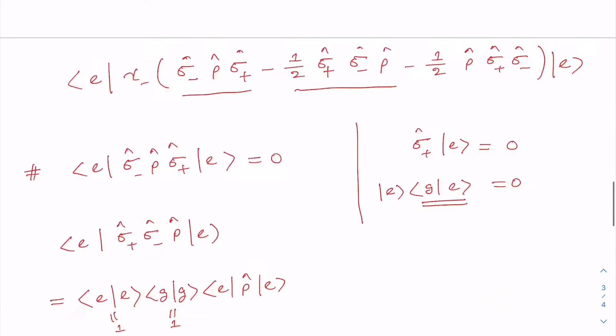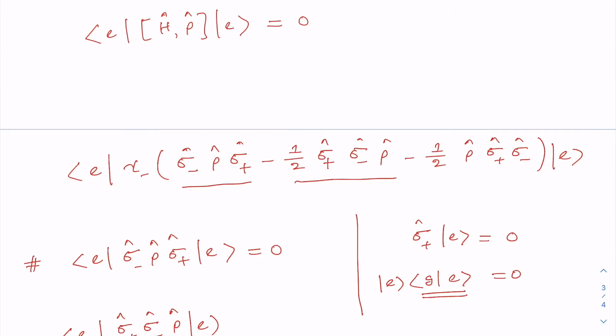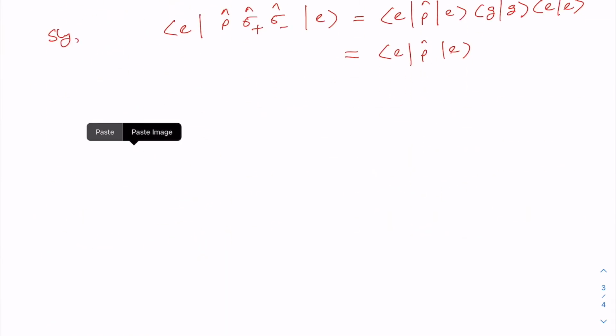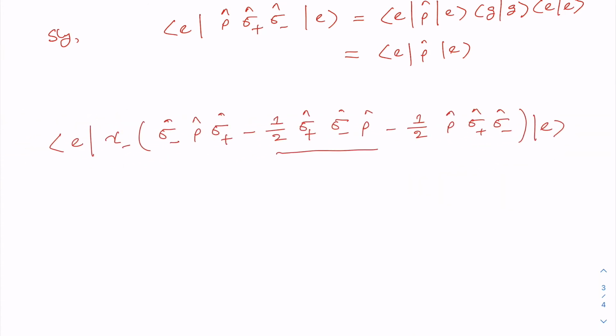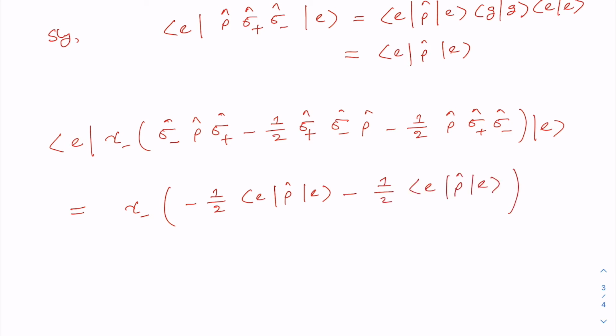So therefore we have calculated all these terms, so I can work out this particular term. If I put all the terms there, I will have γ₋ times zero, minus half ⟨e|ρ|e⟩, minus half ⟨e|ρ|e⟩.